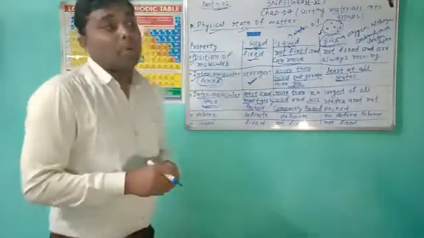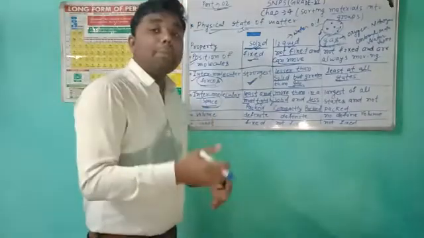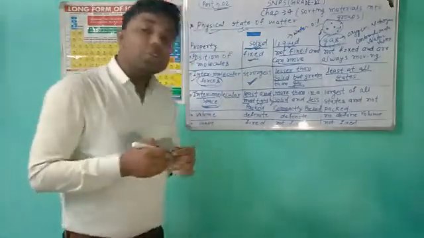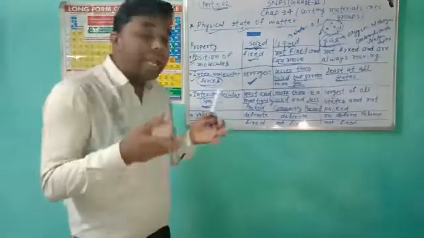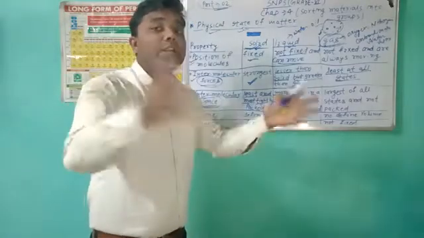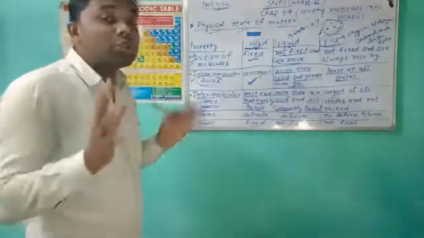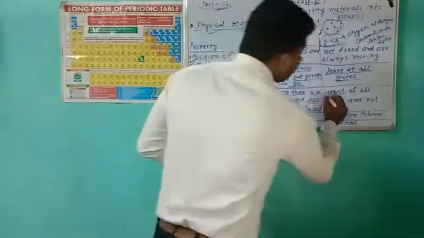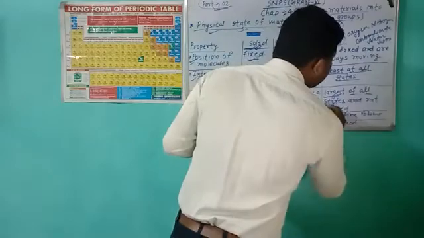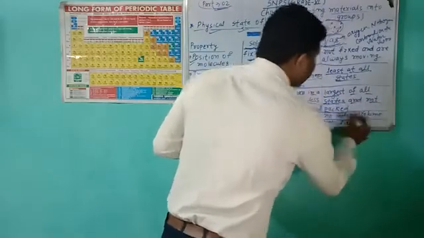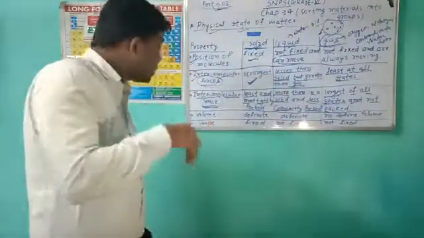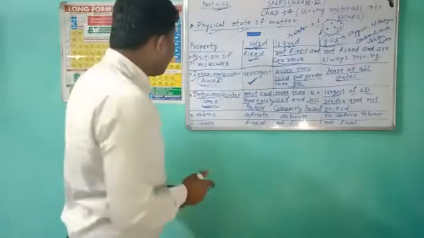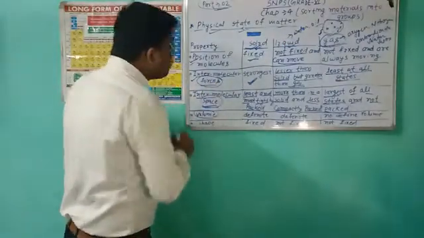When we take the example of oxygen, the molecules of oxygen are not held together and can spread throughout a particular space. So the intermolecular space of gases is the largest of all states.